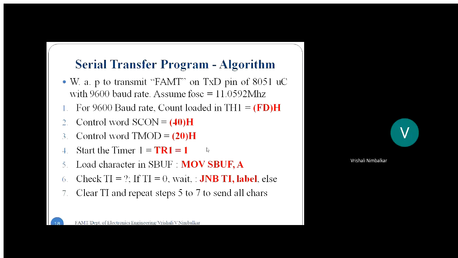So we need not start and stop. Once the timer is started, we do not stop it. What we keep on checking is whether the transmission or the reception is completed or not. That's why we keep on repeating steps 5, 6, 7 till all the characters are sent. So with this basic understanding, let us write the program. Now, I'll start writing the program.